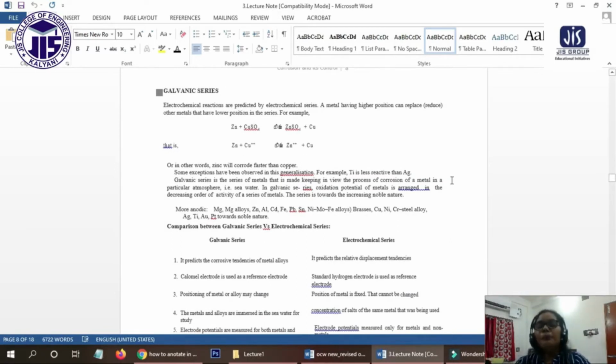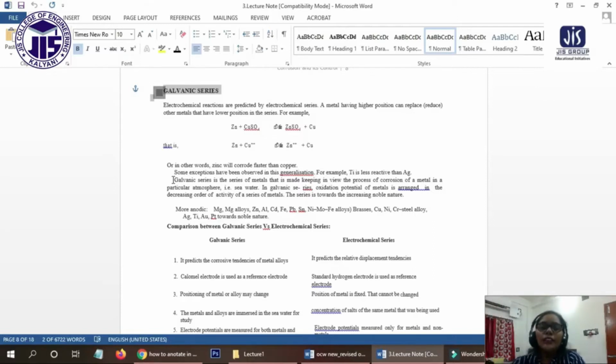Before knowing the prevention procedure, first of all you should know the galvanic series. Very important. So what is the galvanic series? In the galvanic series, the metals are arranged according to their oxidation potential. That means higher in the galvanic series means higher oxidation potential.